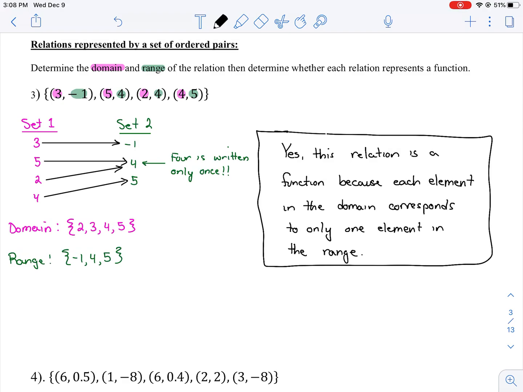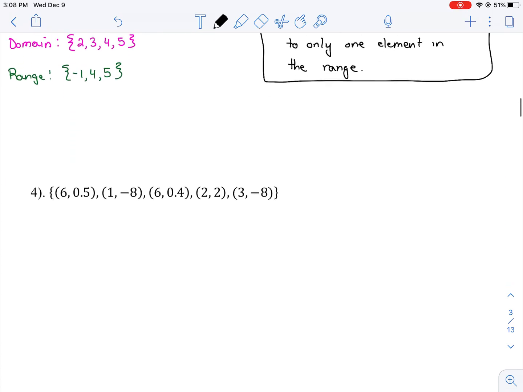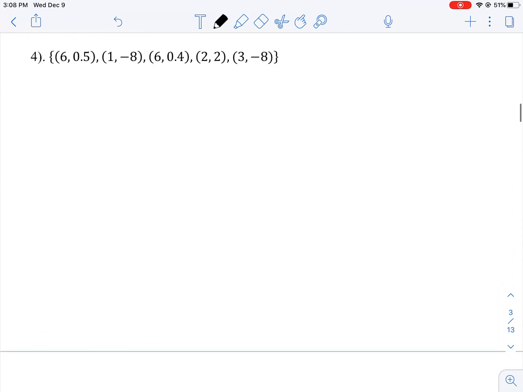Okay, moving on to the next example. So this relation has 5 ordered pairs. And just like the last example, I'm going to determine the domain first. And in this case, that's going to consist of the elements 6, 1, 2, and 3.